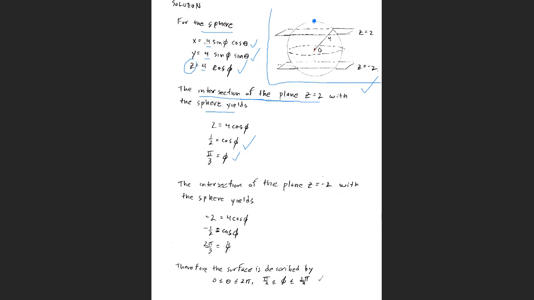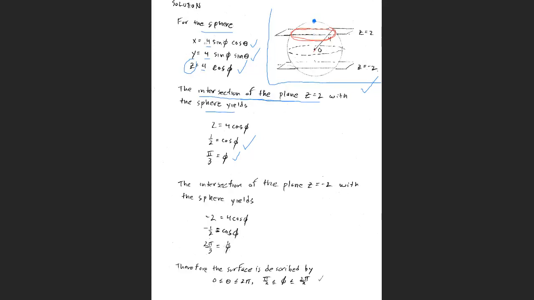The cut of the sphere is going to trace out a circle, and phi measured to that circle would be pi over 3. The picture's not exactly drawn to scale.